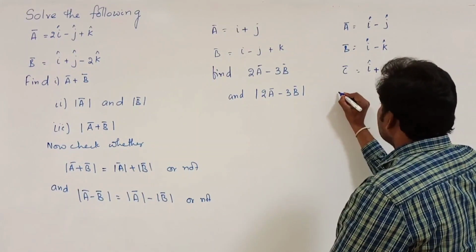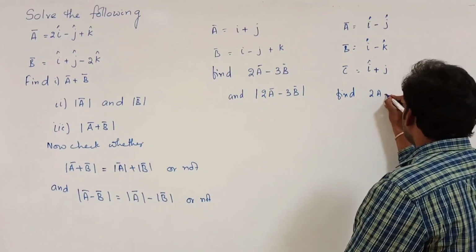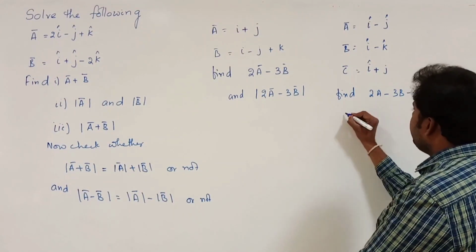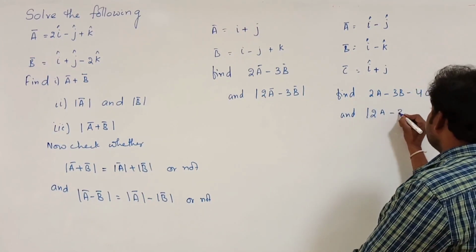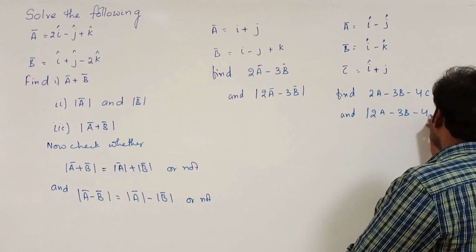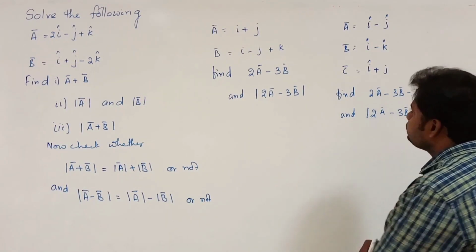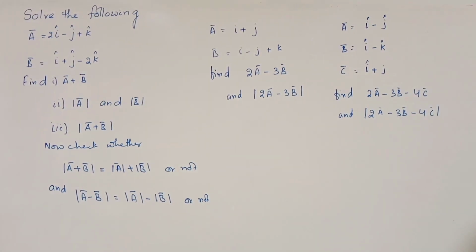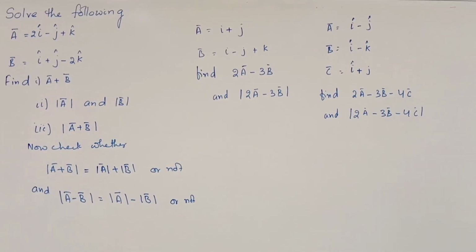Now solve: find 2A minus 3B minus 4C, and find the magnitude of 2A minus 3B minus 4C, where A, B, C are the vectors. Okay, these are simple problems, and they will be helpful for writing vector addition and all.